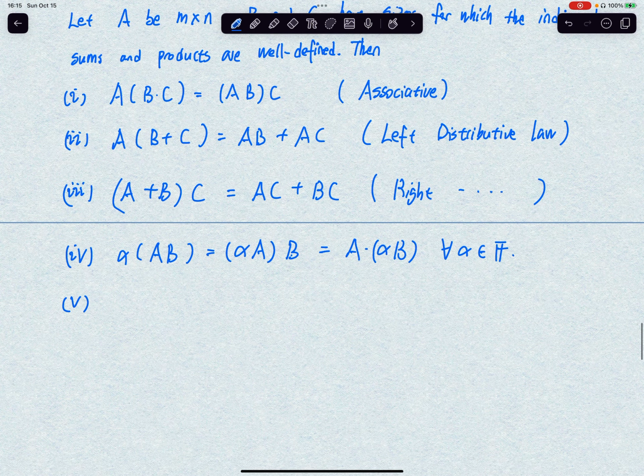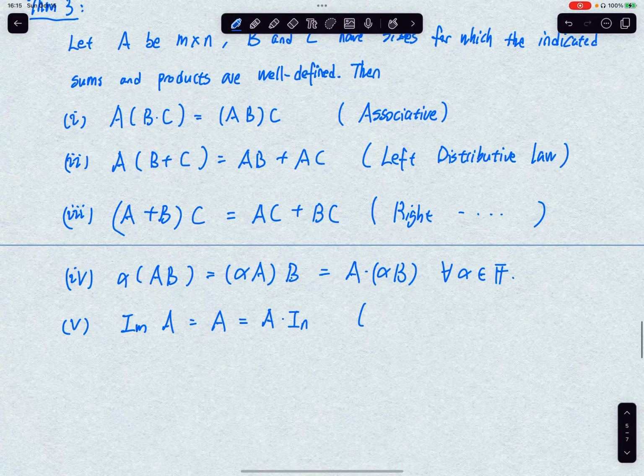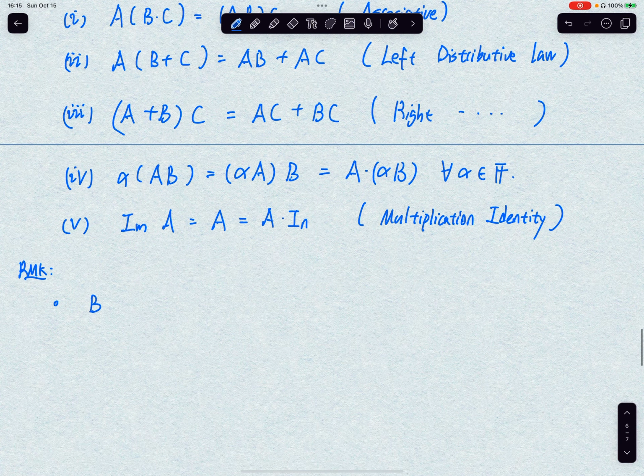And the fifth result is the multiplication identity. So that is Im A equals A, and it equals A In. Recall that A is m by n. So that is the multiplication identity. So, a bunch of remarks. The first, which I just mentioned, is that BA does not necessarily coincide with the result of AB.